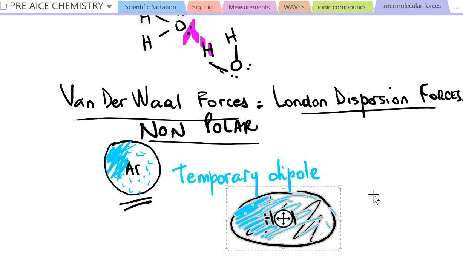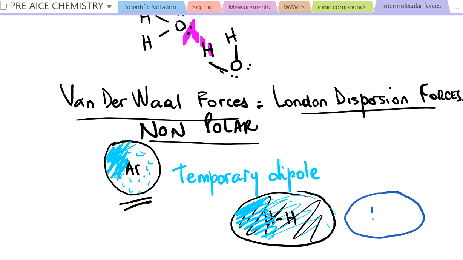Okay, so if I have another molecule of hydrogen here, guess what? I have this temporary dipole, yes, this one, that is going to produce an induced dipole. In other words, it's going to happen the same as the magnet and the nail. Yes?